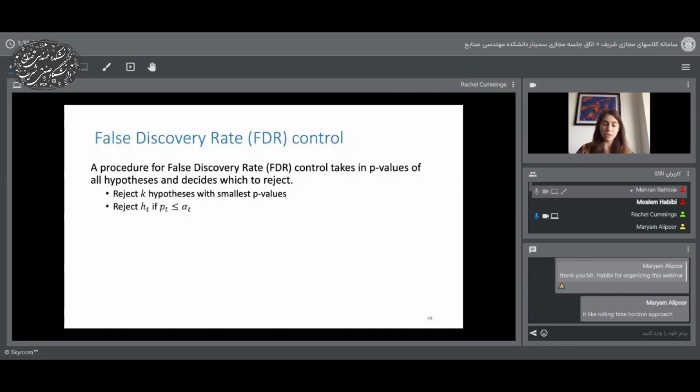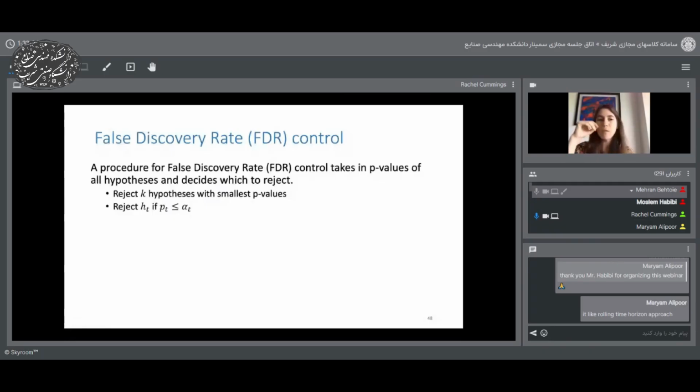On the other hand, if you're doing this in some kind of online sense and you have to make decisions immediately, I may want to reject a hypothesis H_t if the p-value is smaller than some threshold that I computed beforehand. And these are typically the two types of procedures that you see.